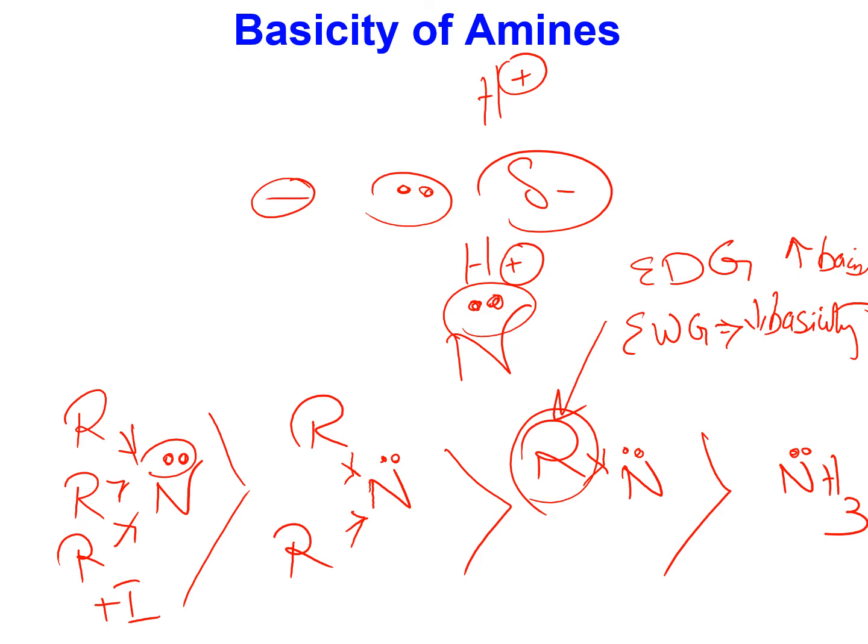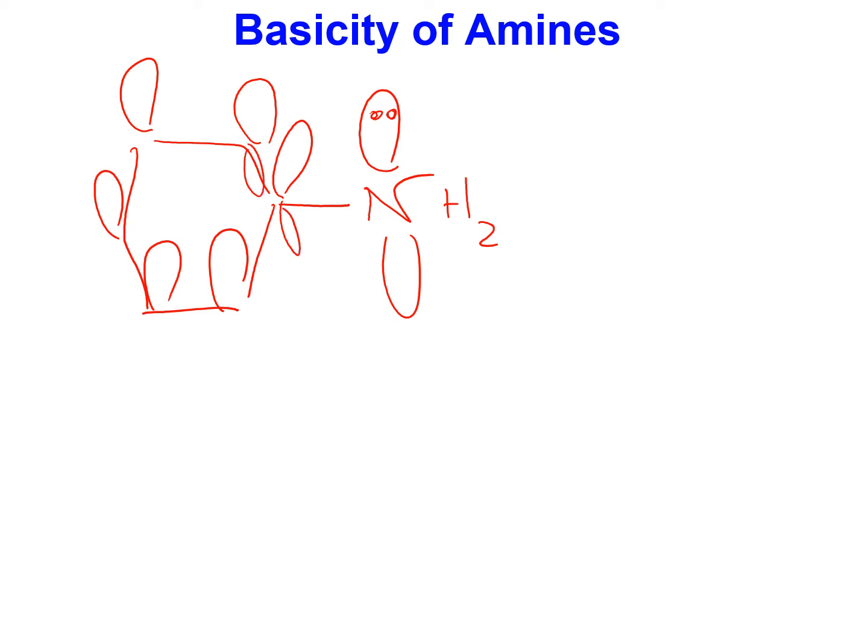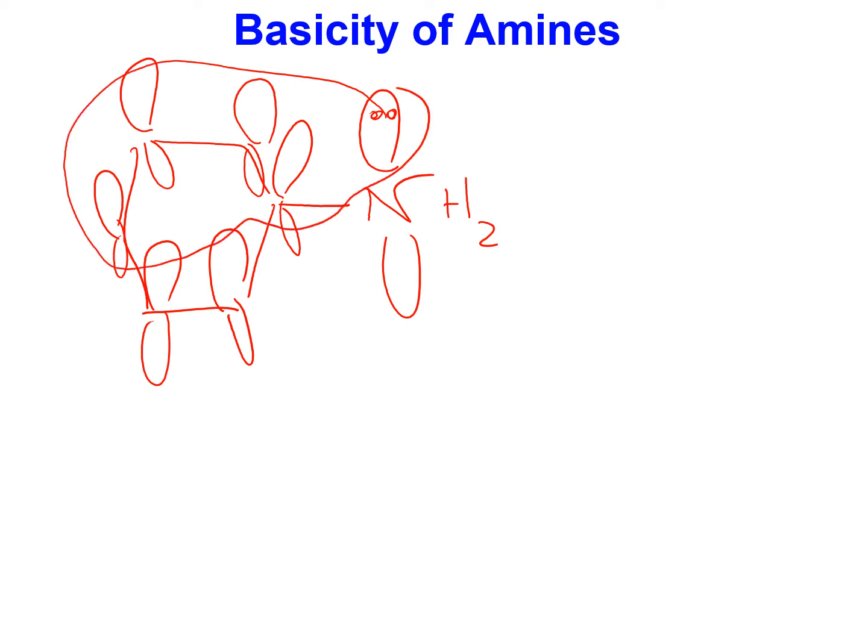Now, if we look at aromatic amines and we compare them to aliphatic amines, in case of aromatic amines, you have a benzene ring attached to the nitrogen. The lone pair of electrons is present in an orbital which is parallel to the p orbitals of the benzene ring, which means that you actually have a cloud involving the lone pair of electrons of the nitrogen.